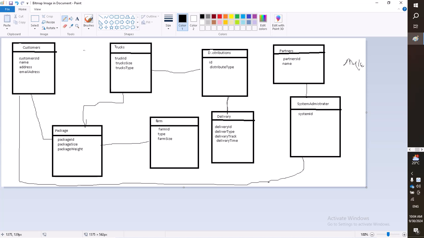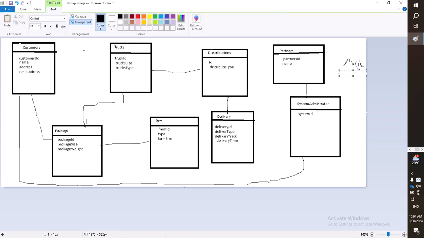Now I'm looking forward to find the multiplicity. I told you before, in the beginning of this tutorial, in the beginning of Study With Me, I said there are 4 types of multiplicity. There is this one, I don't know what they call it, it means more.